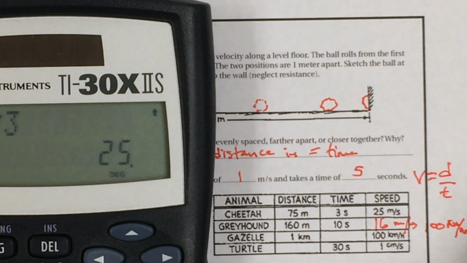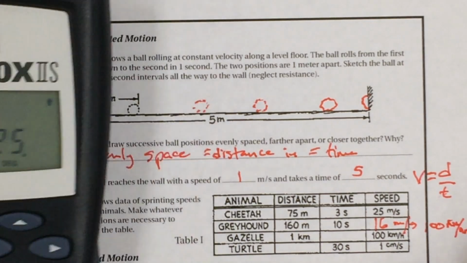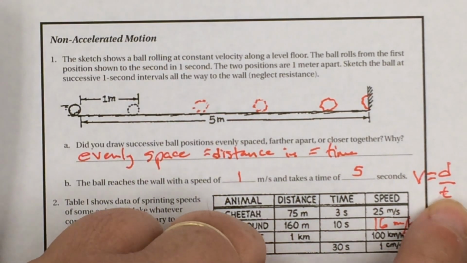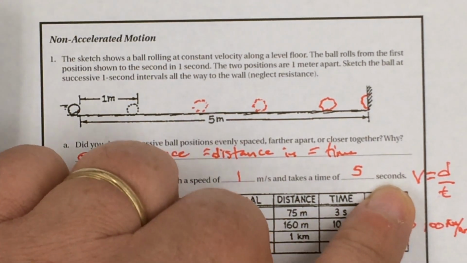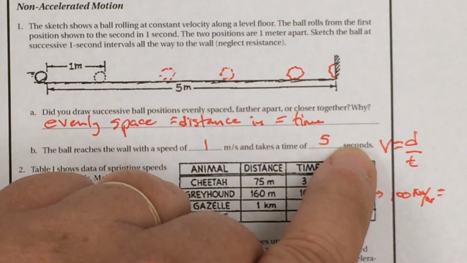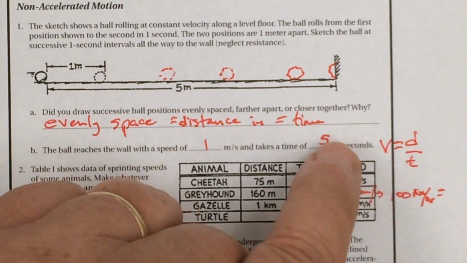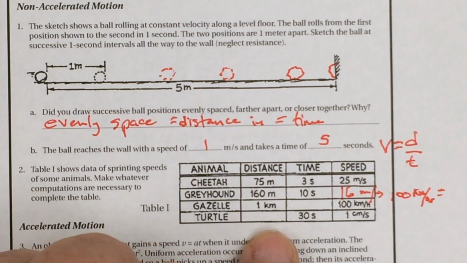And what do we have? If I'm solving for time, how do I solve for time? I bring time up and I bring velocity down. So time is distance divided by velocity.